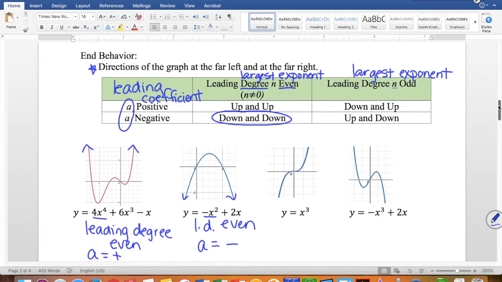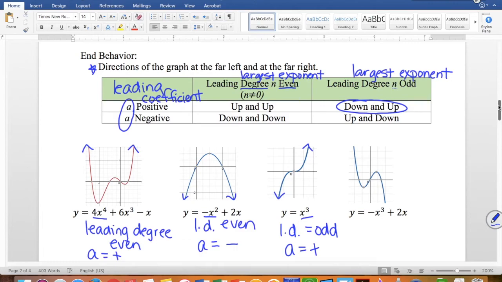Okay? The next one. This time, my leading degree is odd, but my A is an understood positive 1. So my A is positive. So in this case, I'm over here in the odd, and my A is positive, so my end behavior should be down and up. Okay?